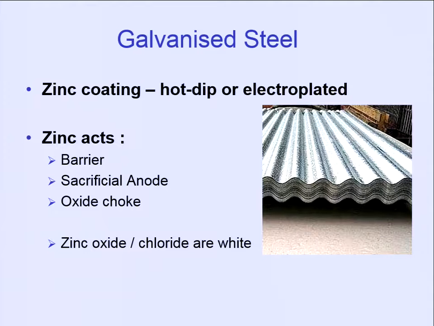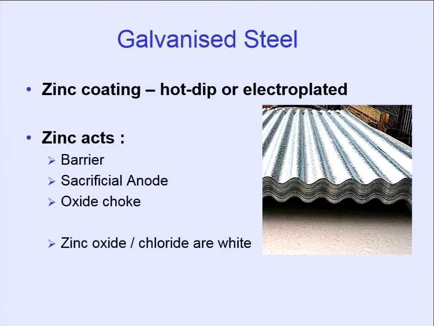When that happens, the environment can now contact the substrate, the steel, and you'll start to get a sacrificial anode effect. The zinc, because it's more reactive than the steel, will act as the anode, start to corrode away. The iron underneath that's exposed at this point will be the cathode and be protected. So it's then acting as a sacrificial anode.